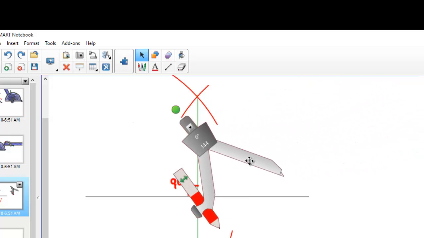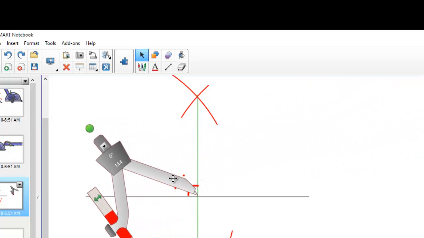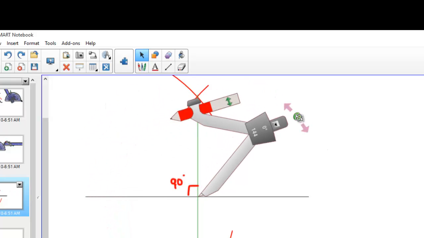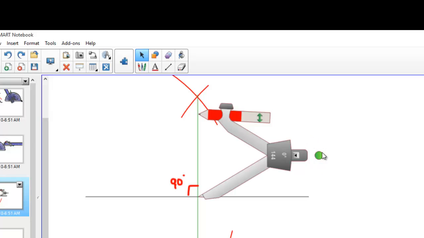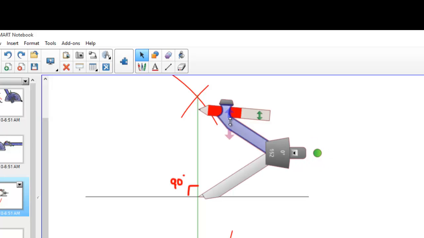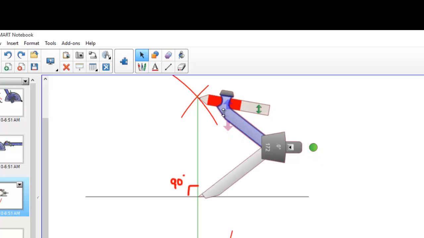So I'm going to take my compass, place the metal point here, make sure that I have an opening equal to the dimension of this side, and you need to focus on the intersection exactly. So if this side equals 5 or 4 or whatever, I don't care, but I have the size.